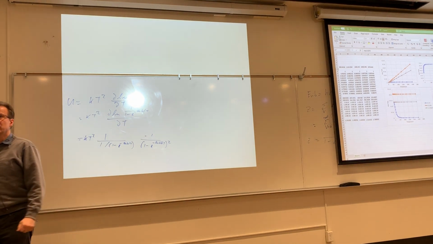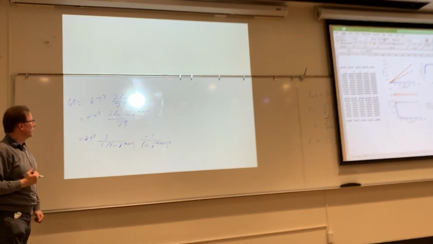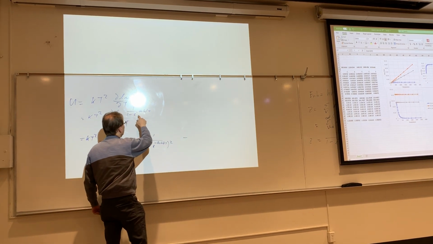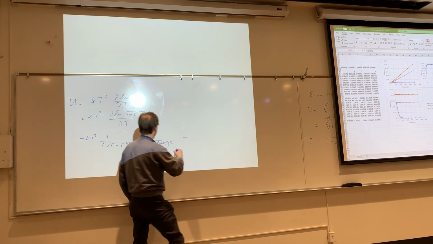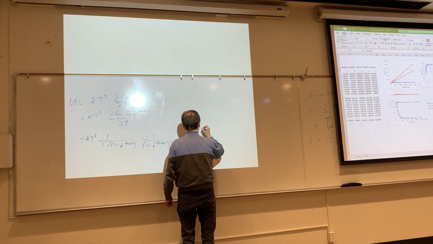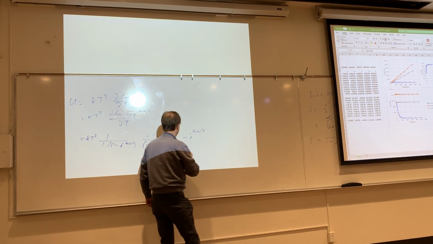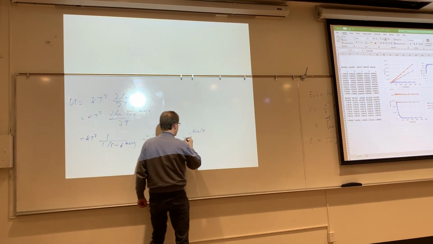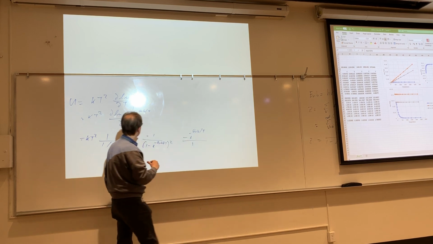Now, the first derivative of the denominator is minus e to the power of minus theta over T, over 1, there is nothing here.